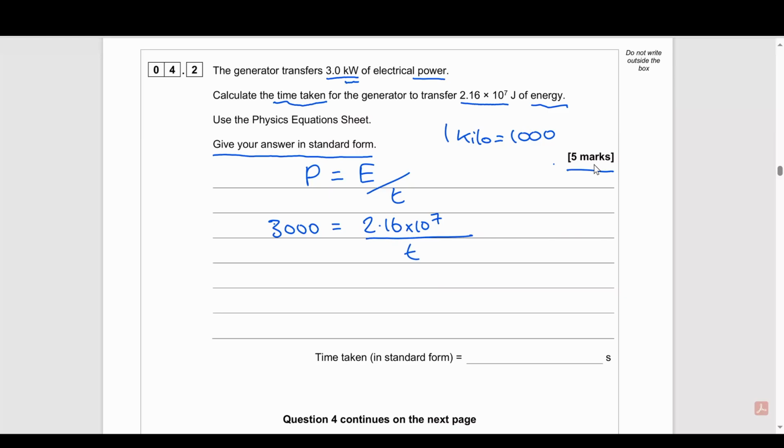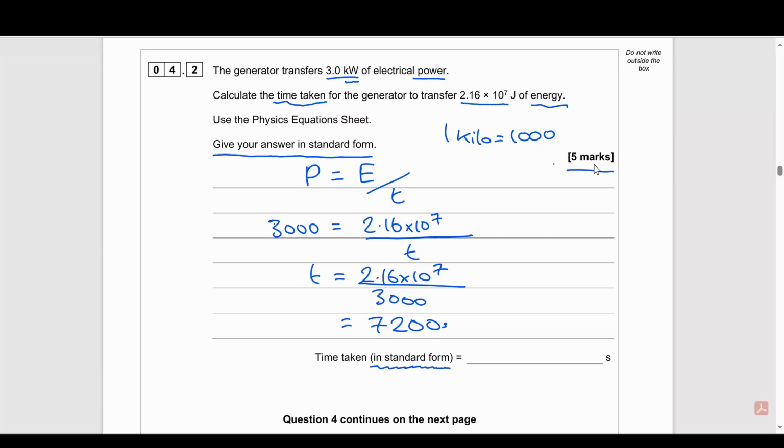So rearranging this now, that would then mean that to find our time, we would need to do 2.16 times 10 to the power 7 divided by 3,000. Doing that, we get a value of 7,200, and that would be in seconds. But they've reminded us one more time that we need to have our answer in standard form.